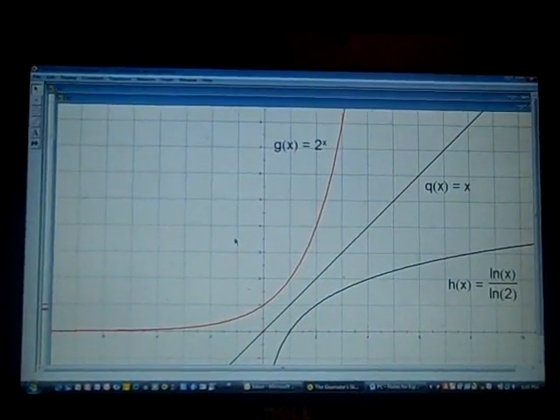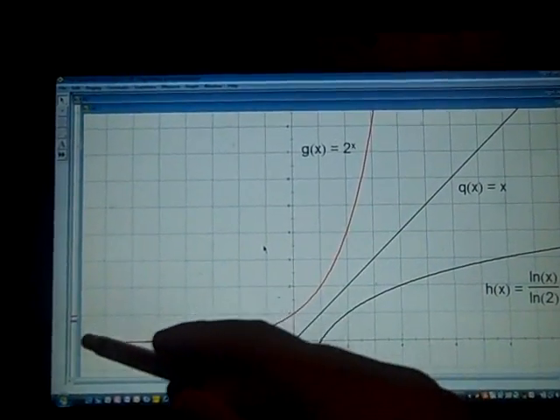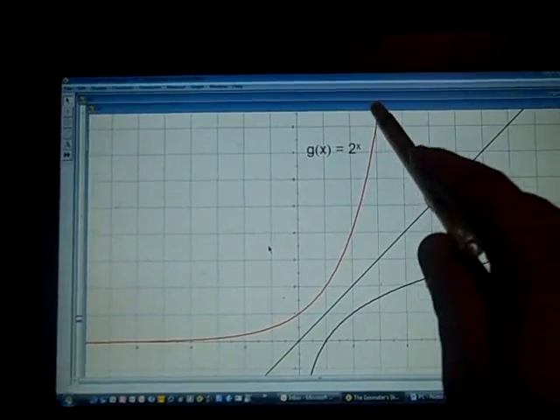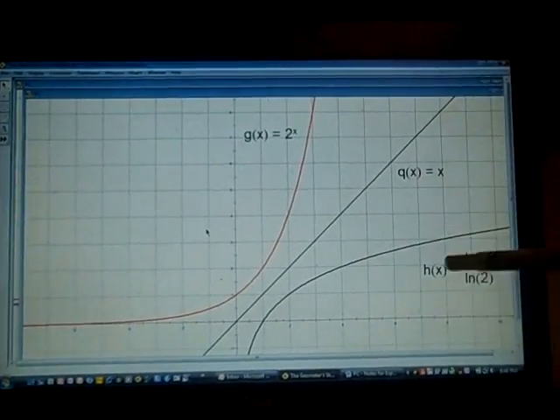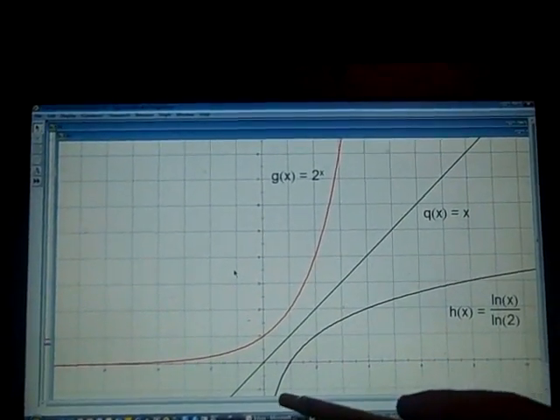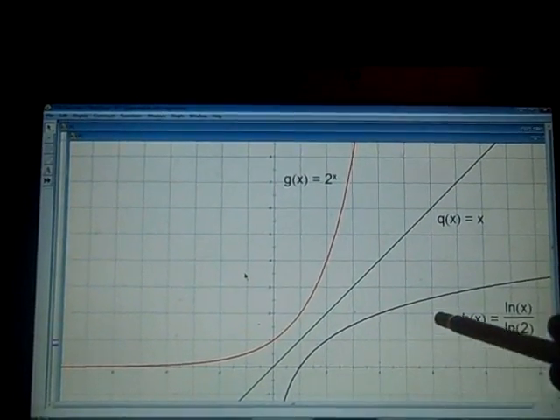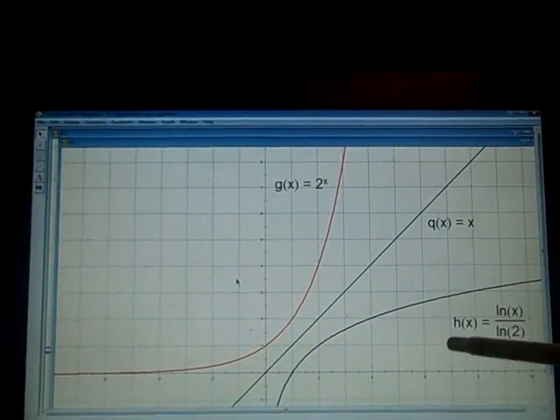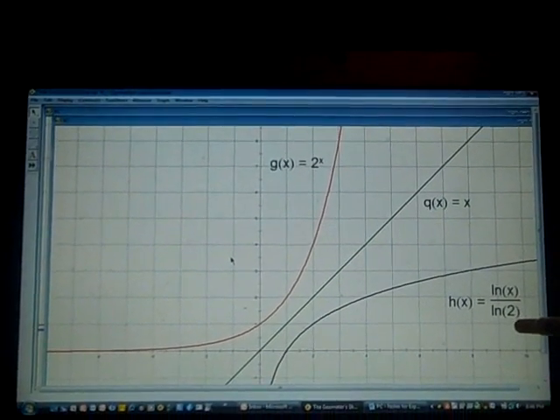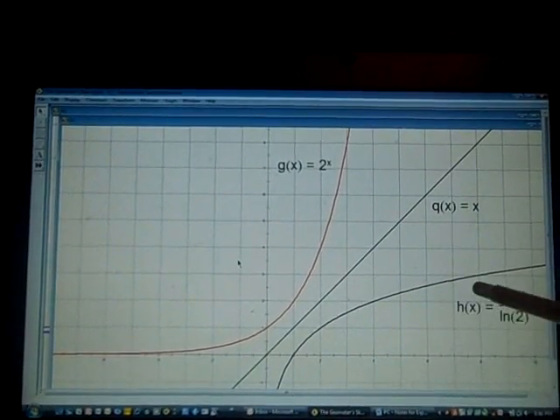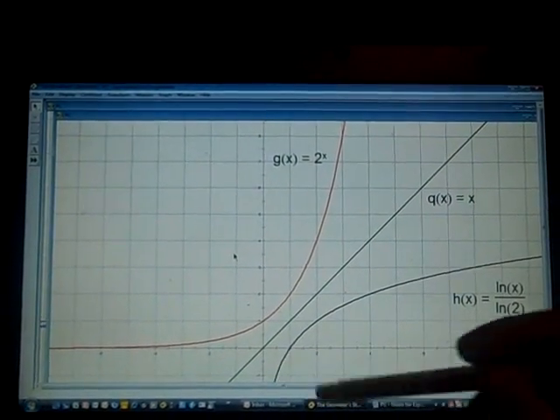Alright, back to our friend Geometry Sketchpad. Over here, the red graph is the graph of y equals 2 to the x power. We saw that before in a previous section. This graph over here is actually the graph for the log base 2 of x. In order to get the graph to show up, I actually had to use the change of base formula. Don't worry about that. Just know that this is what the graph of log base 2 of x is going to look like.